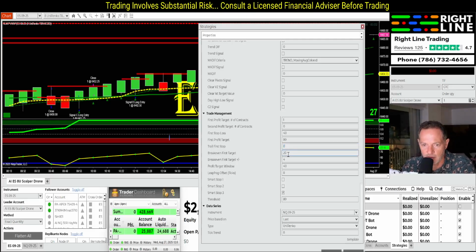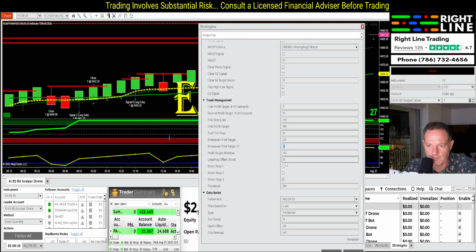The next setting right here is this break-even first target. So what that does is, if price gets to 20, it's going to move the stop from negative 40 to a plus 4. So as soon as price hits 20, the stop is going to move to plus 4.